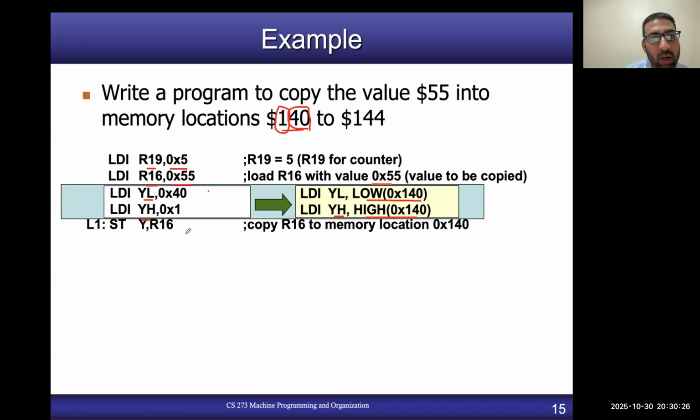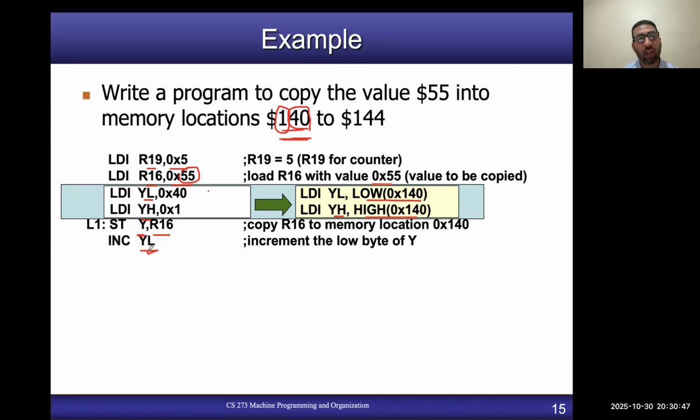And then we are saying, okay, now put the value of R16, which is 0x55, in the memory location pointed to by Y. What does Y have? Y has this memory address 0x140, right? And then we are simply incrementing the pointer.